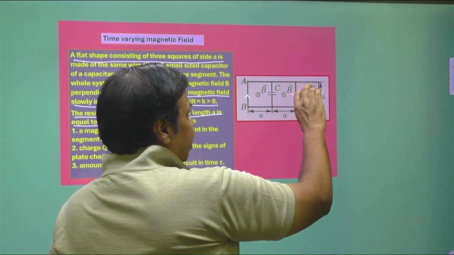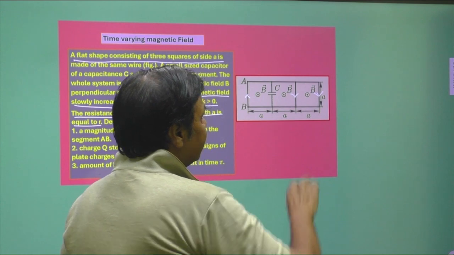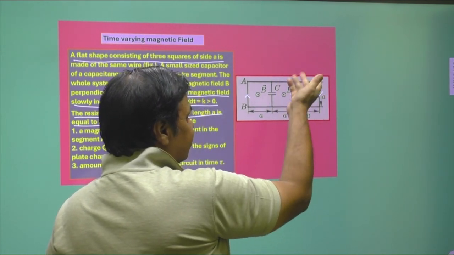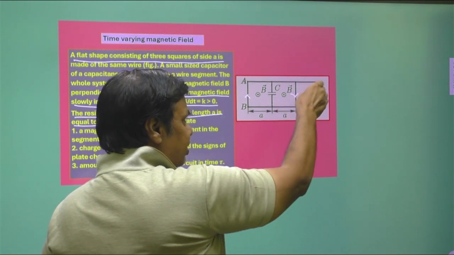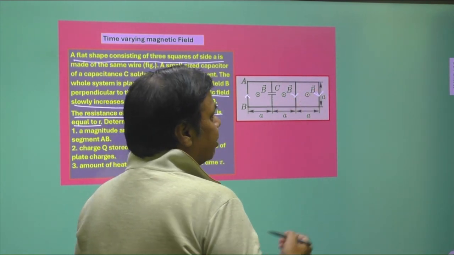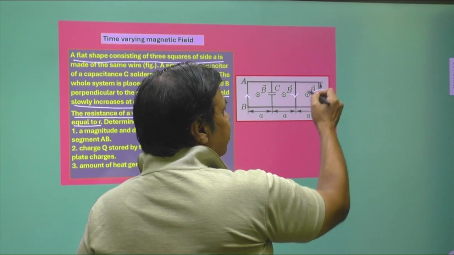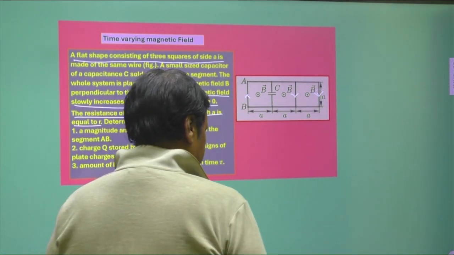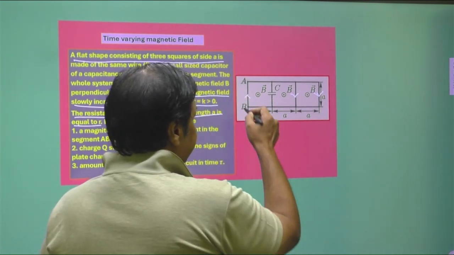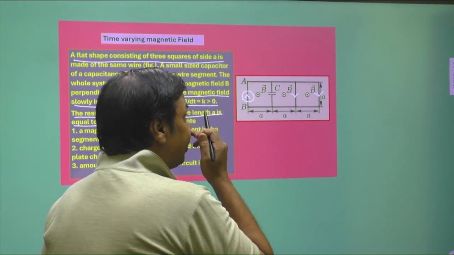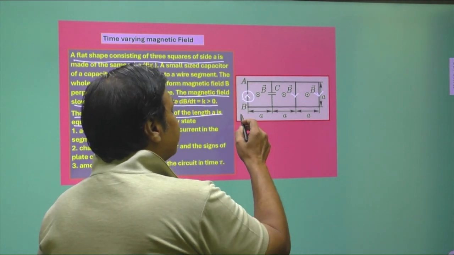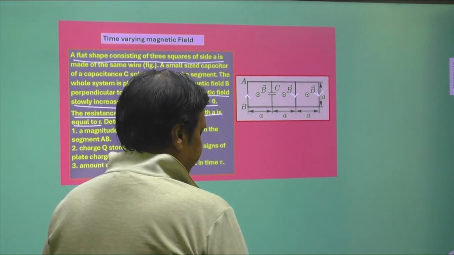In this wire, the current direction will be obviously downward, no problem at all. And in this wire too, that means in this wire AB, the current is going to flow in this direction, and that is not a problem.